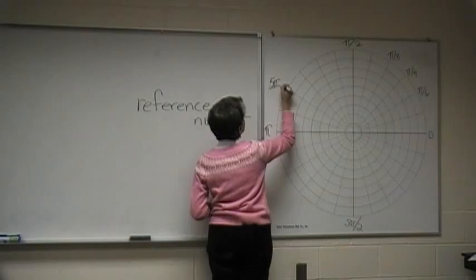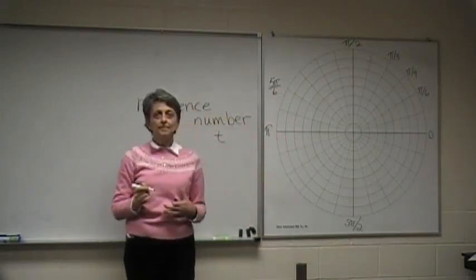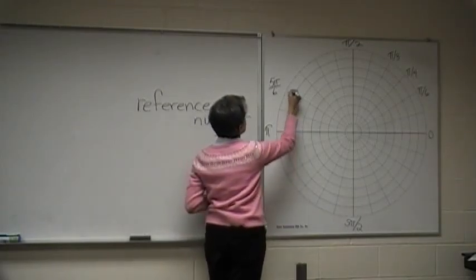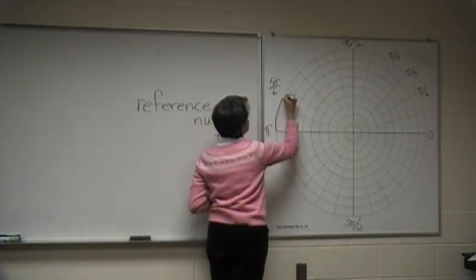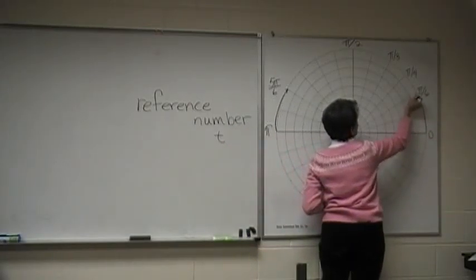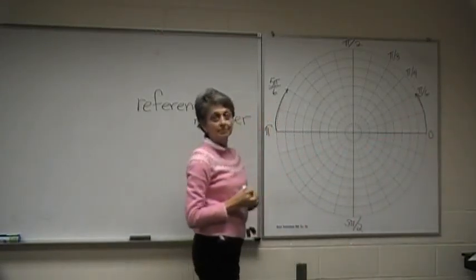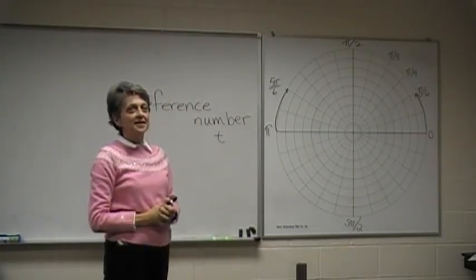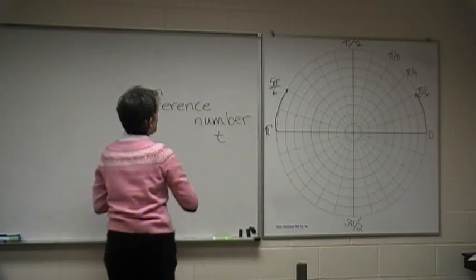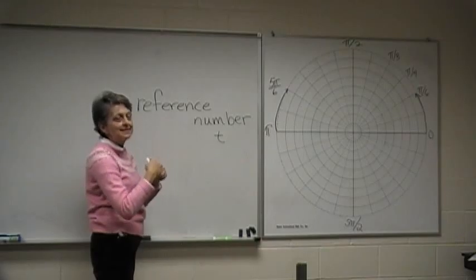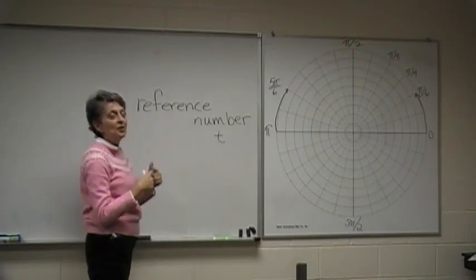5 pi over 6, do you notice that this is the same distance above the x-axis as this one? Do you see? They're the same distance above the x-axis. So the reference number is the distance above the x-axis that you are traveling, or below the x-axis.